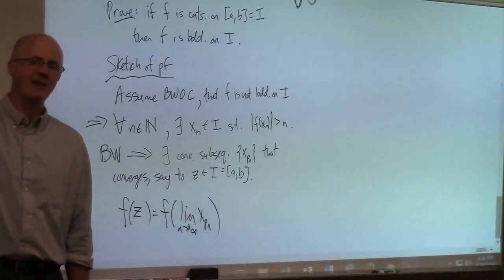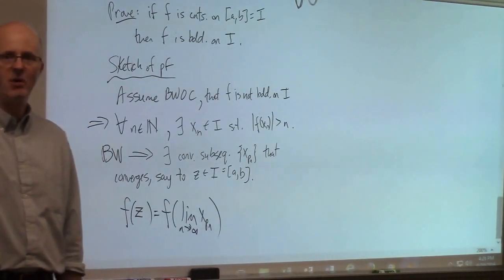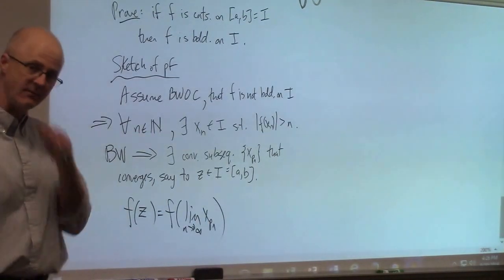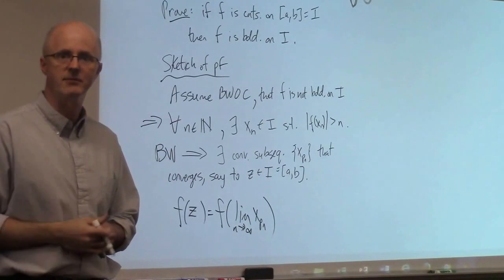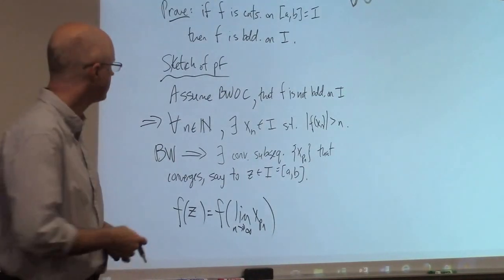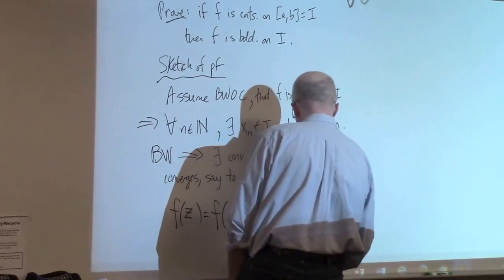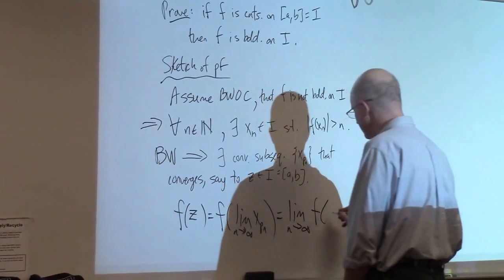Right? We know we have that fact about f being continuous at a point: if you've got a sequence that converges to the given point where f is continuous, then the sequence of outputs also must converge to f of that point. That's essentially what I'm using when I pull the limit sign out in front of the function like this.